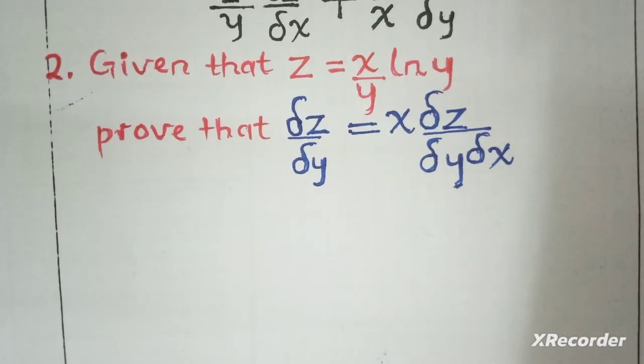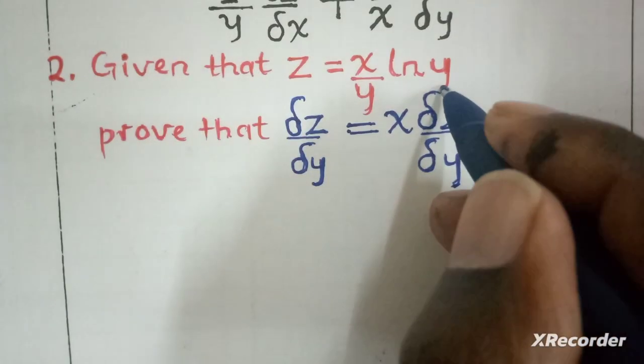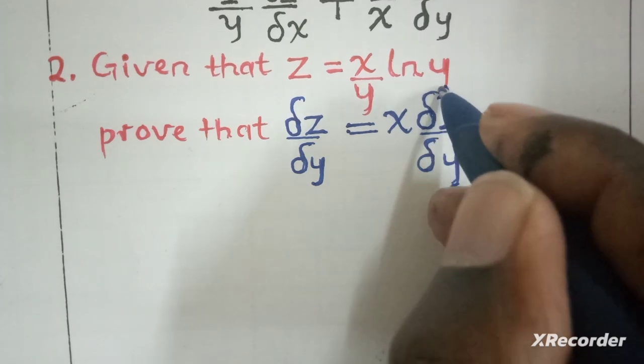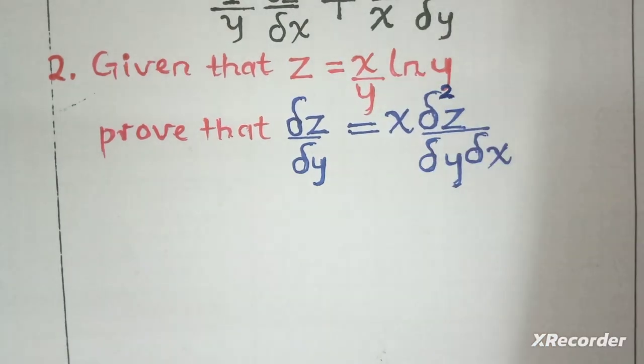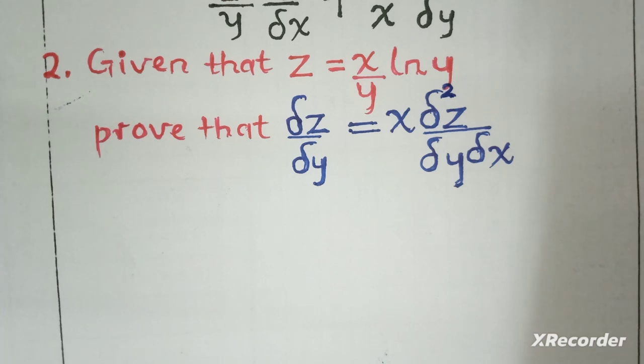This one, guys, is supposed to be squared here. So that one I left it out. So just take note of that. That one was second differentiation. That is second partial differentiation of z with respect to x and to y.